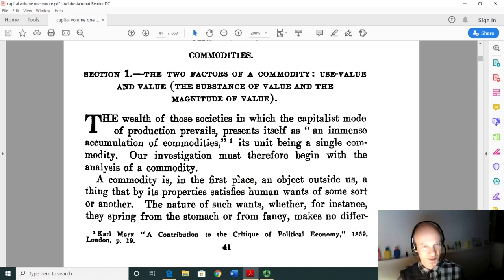So he polemicizes and makes fun of many of them, but he is also very appreciative and sometimes even quite polite towards some of the classical authors of political economy.